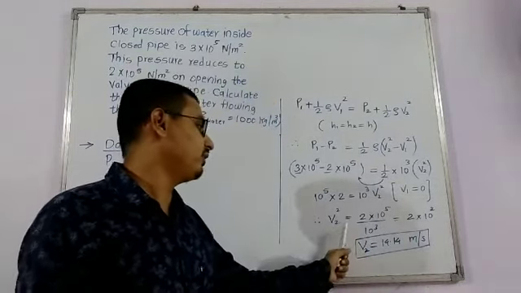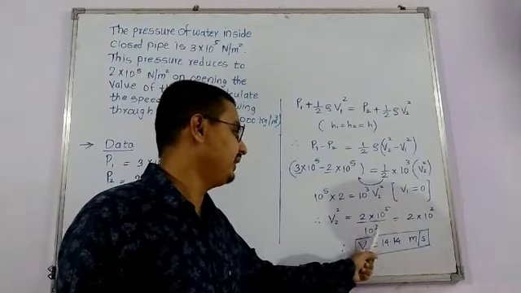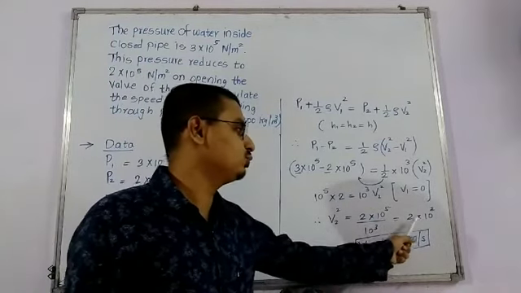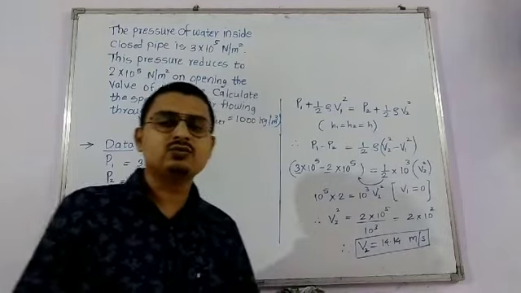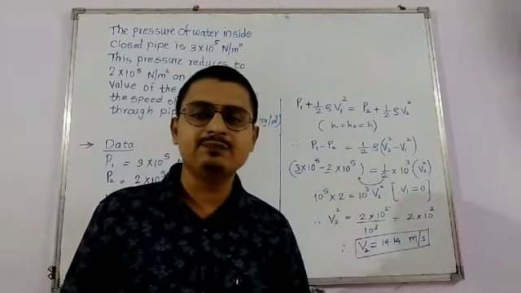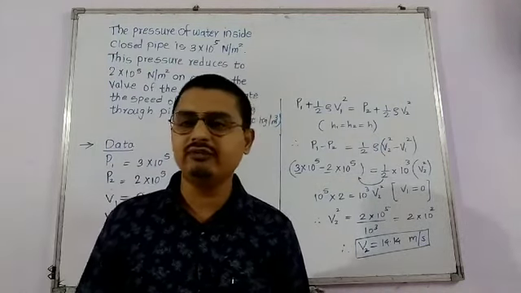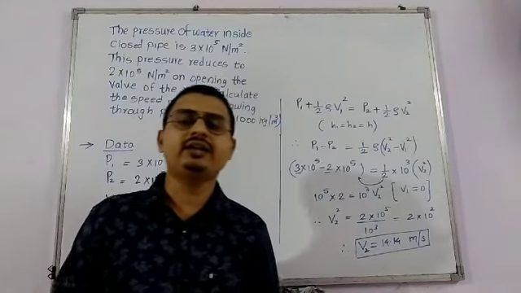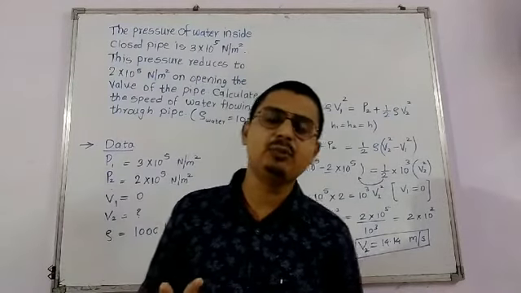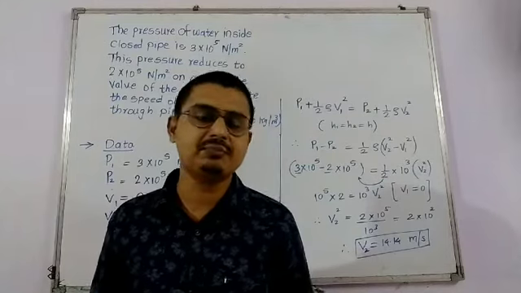So V2 square will be 2 into 10 power 5 divided by 10 power 3, that is 2 into 10 power 2. So V2 square is 200. If we take the square root of it, we will get 14.14.